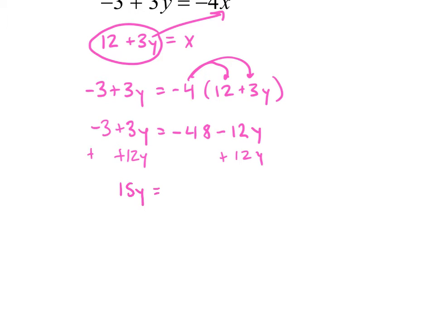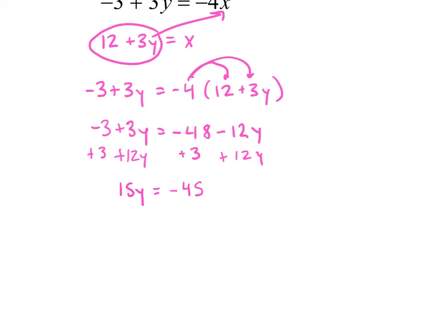And then we can add 3. So it's negative 48 plus 3. Negative 45.